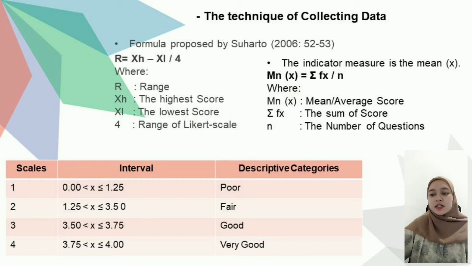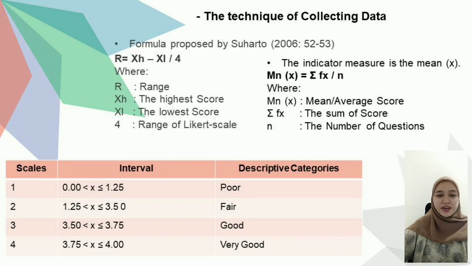And then M and X as a mean or average score. And then the sum of the scores and the number of the questions.